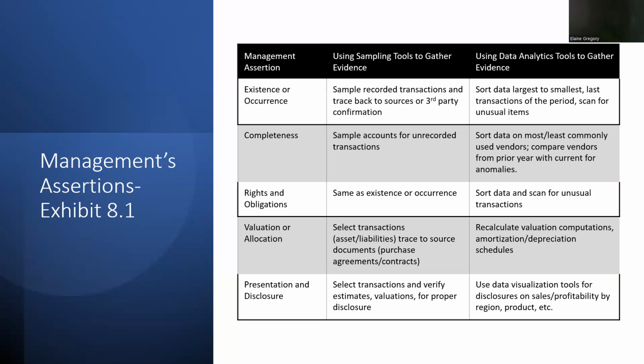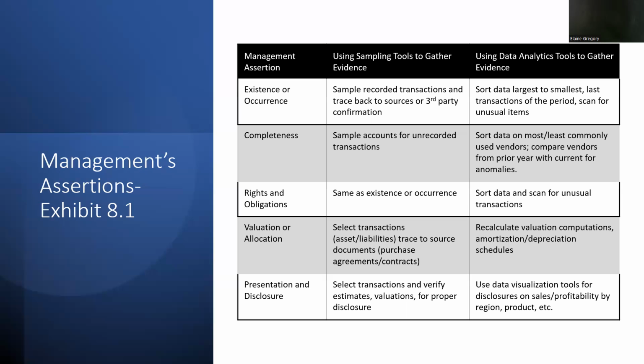And then using data analytics tools, which we'll get into a little bit later, you can take those data analytics tools to sort the transactions from largest to smallest. You can look at transactions for a specific period. You can look for unusual transactions.